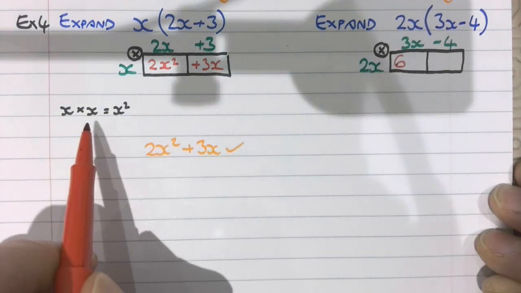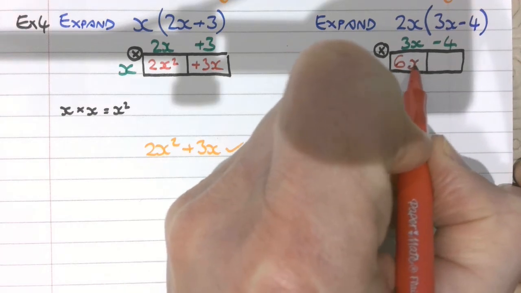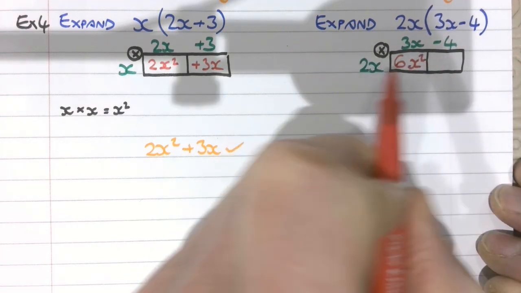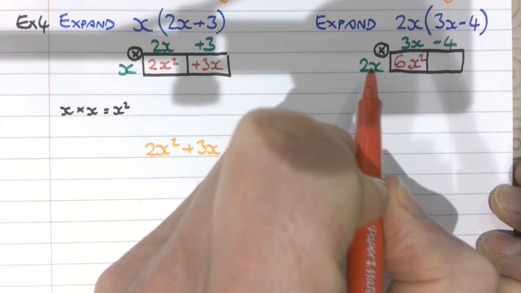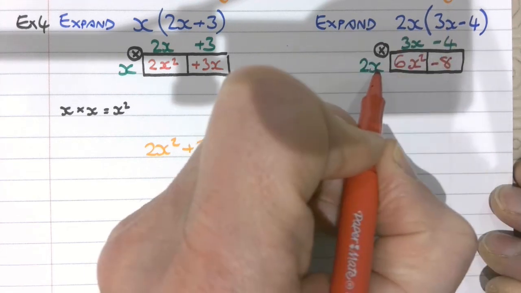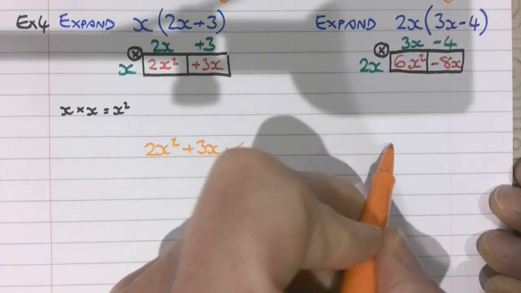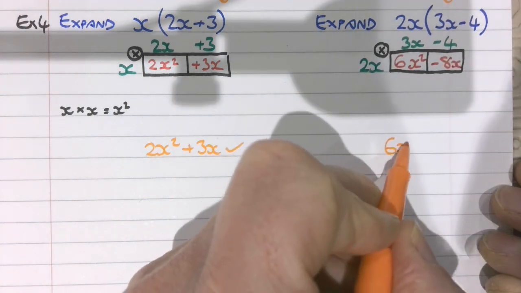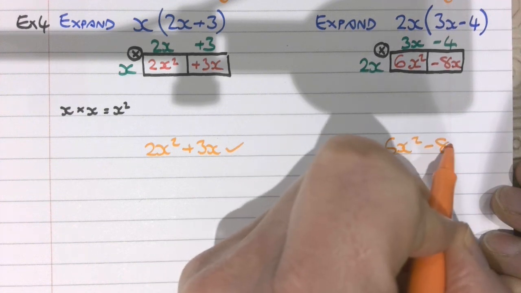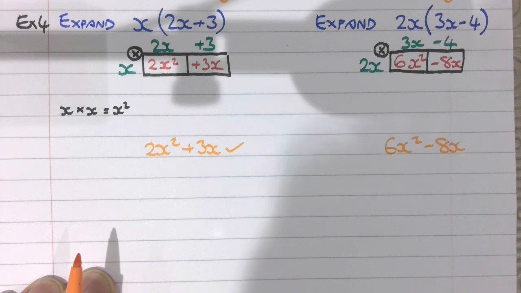And when I multiply the two x's together, I get x squared. Okay, and then 2x times minus 4, so 2 times minus 4 is minus 8, and then we've got it in terms of x's. So the answer for this one is 6x squared take 8x. Okay, good luck with Hegarty.